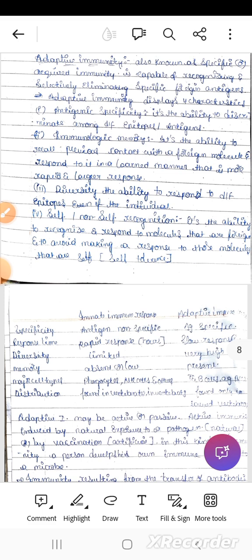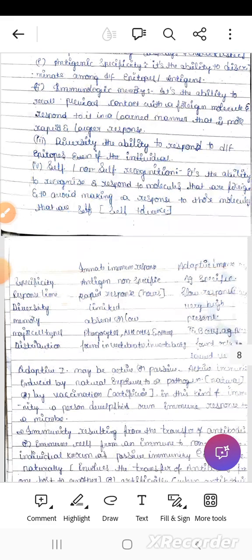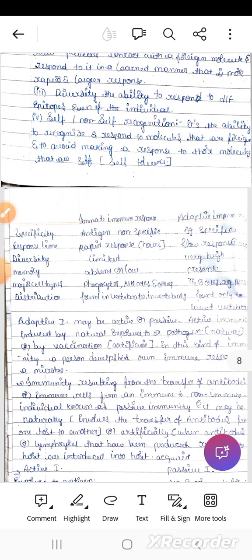Third one is the diversity, the ability to respond to different epitopes. And fourth one is self and non-self recognition. It is the ability to recognize and respond to molecules that are foreign and to avoid making a response to those molecules that are self, called self-tolerance.